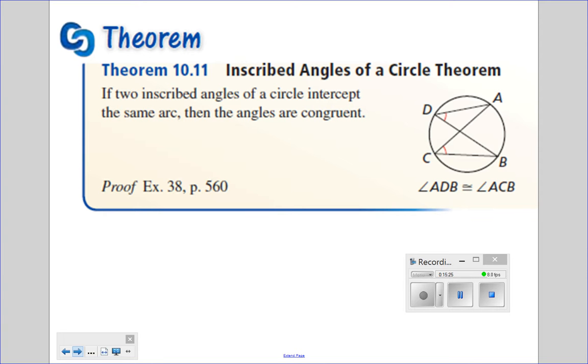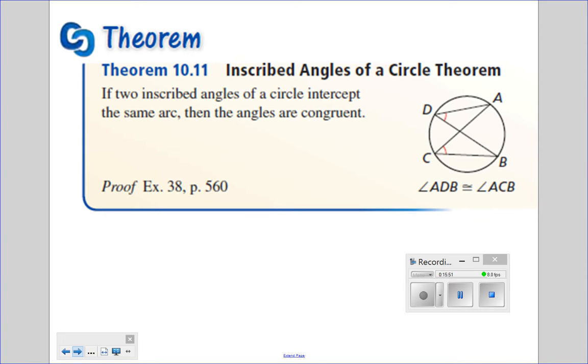I'm going to be drawing this on the board as well. The diagram for this theorem. I think if you get the diagram down, that's about the bare minimum of what you absolutely have to have.